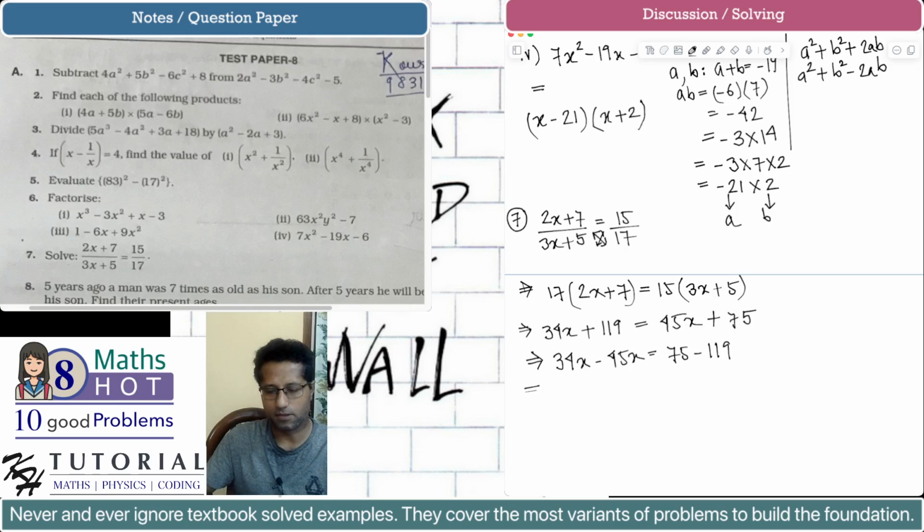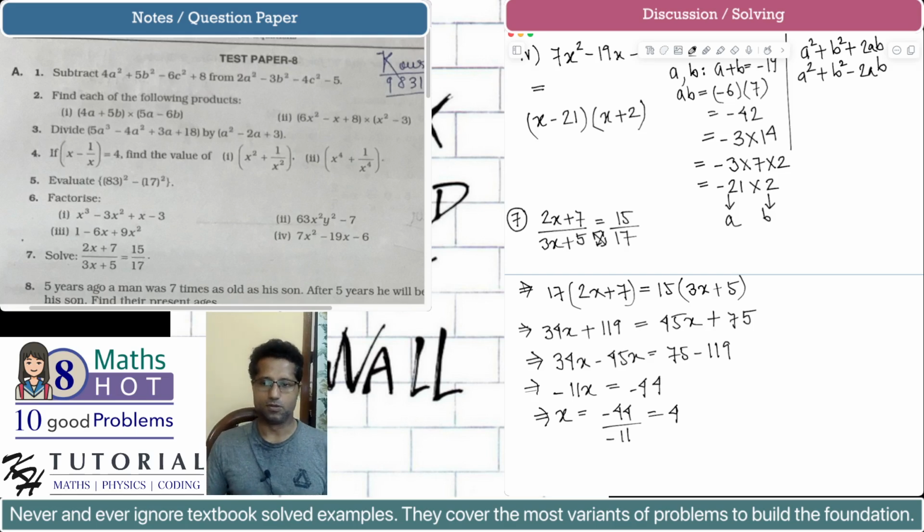Now, after simplifying the LHS and RHS, we get 34x minus 45x is minus 11x, equal to 75 minus 119, which is minus 44. So this implies x is equal to minus 44 divided by minus 11, which is 4.